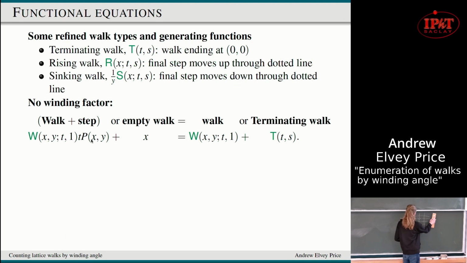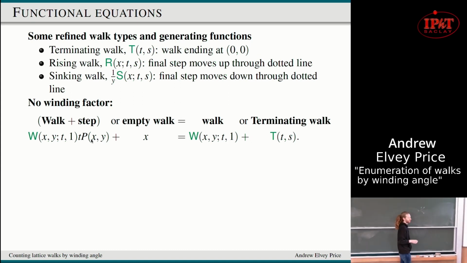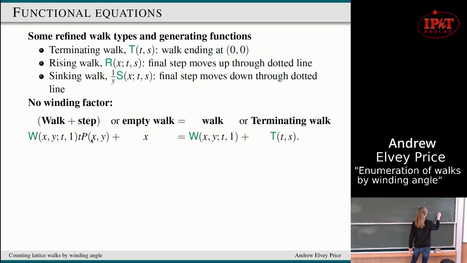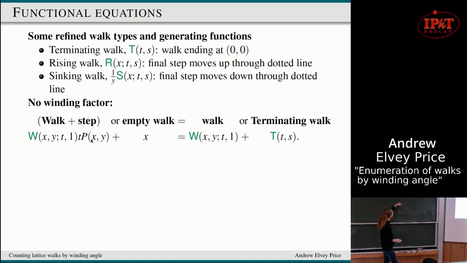Just as an example, if we take this step set from before, then P(x,y) will be xy coming from the upright step, plus y from the up step, plus 1/x from the left step, plus x/y from the down-right step.